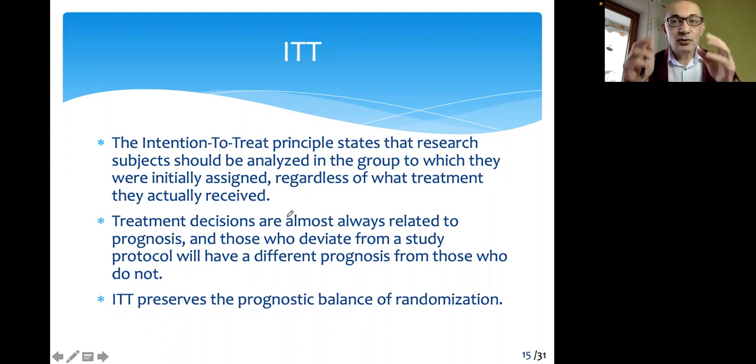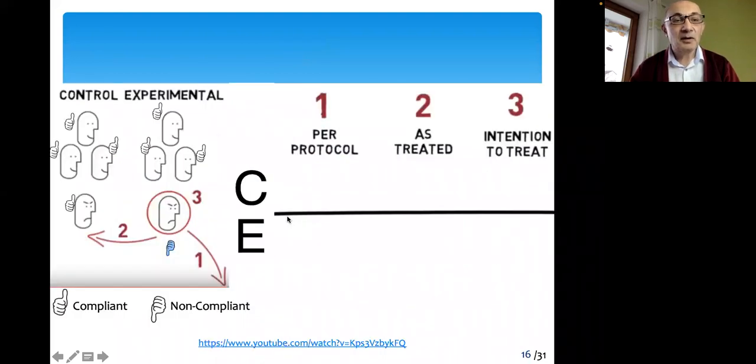So you divide the participants into two groups. One group receives the intervention, the other group the control medication. And it may happen that some of the control patients drop out. They don't take the medication, or they should take the placebo, but they decide to take the active medication.